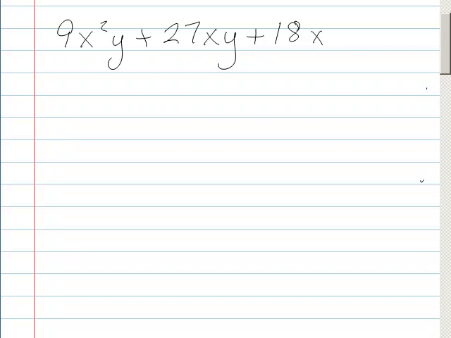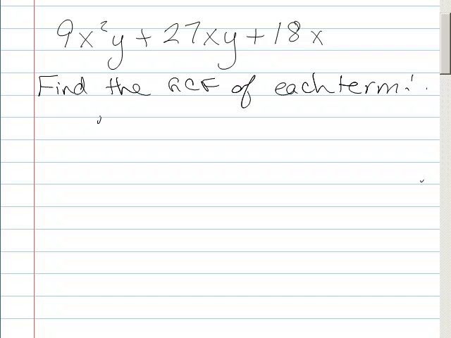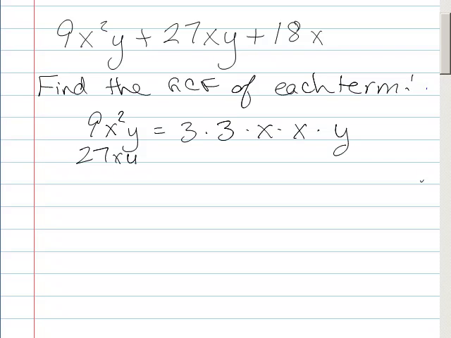So the fancy pants way to do it, where I show all my steps, is to find the GCF of each term. 9x squared y has a 3, and a 3, and an x, and an x, and a y. 27xy has, remember 27 is 3 cubed, so I have three 3's, this extra one that doesn't line up, and then an x and a y.